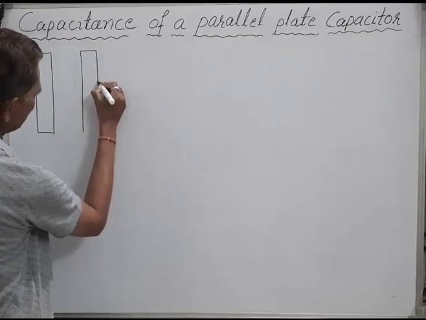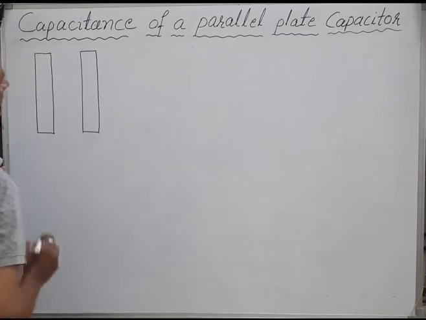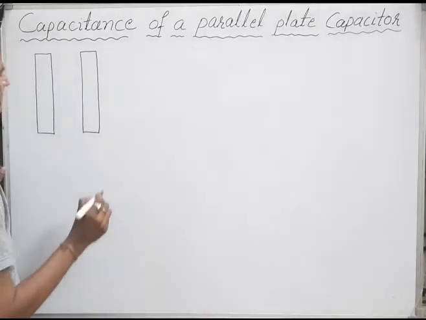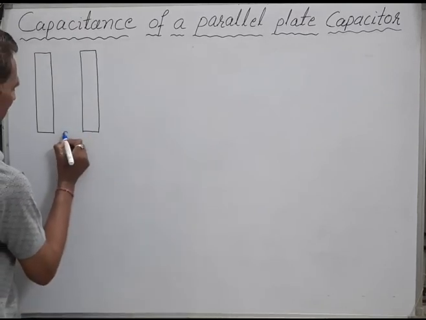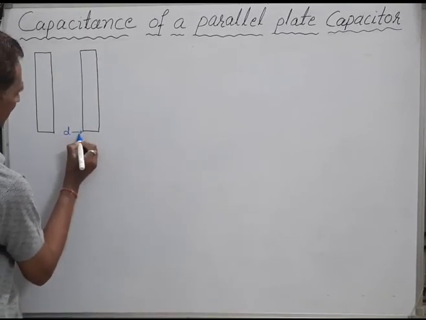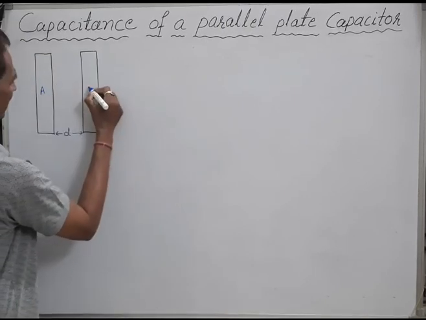This distance is very small compared to the area of the plate. The distance is d and the area is A.